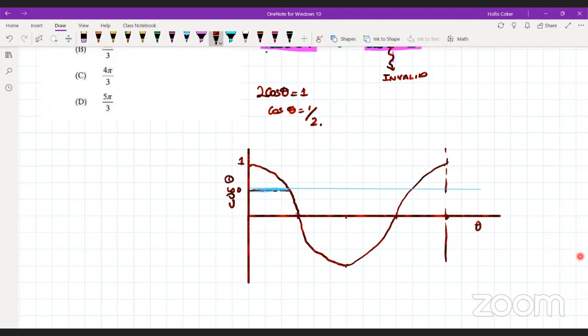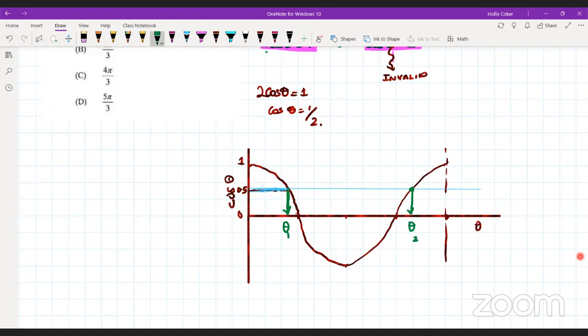The smallest angle, this angle here, will give me my answer. The next answer will be here, as the next time cos theta is a half happens at this angle. So this is theta 1 and that's theta 2.